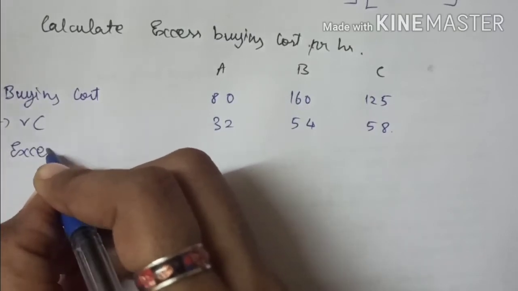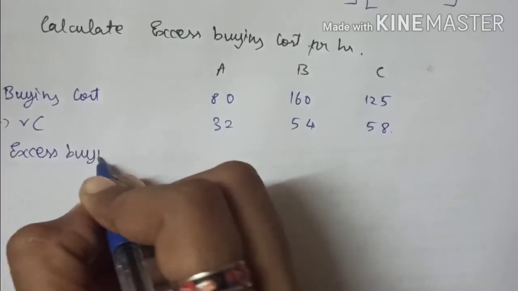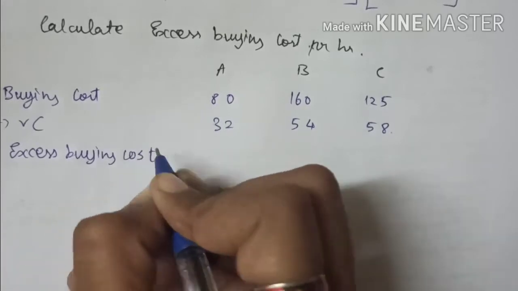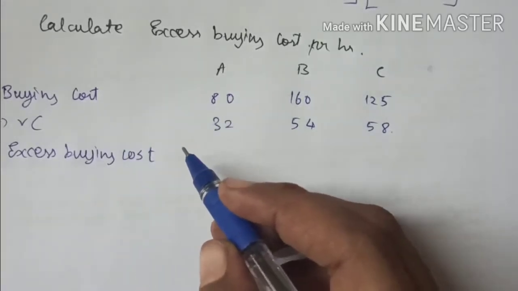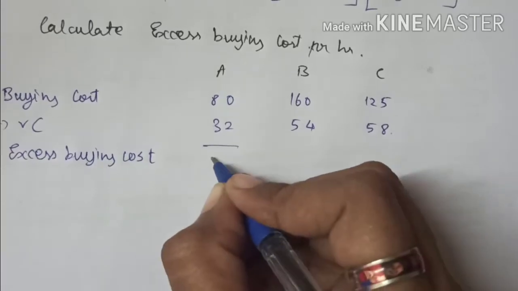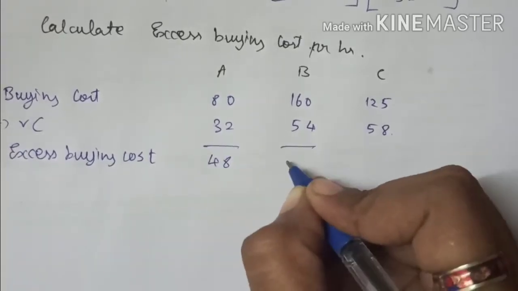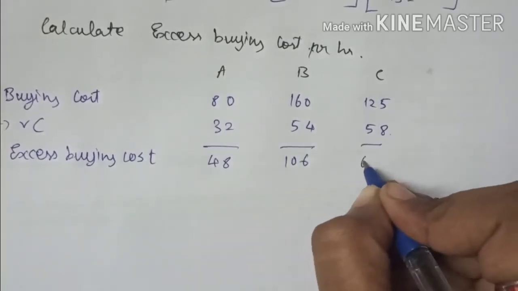Now you calculate the excess buying cost. You subtract variable cost from buying cost. It is 48, 106 and 67.